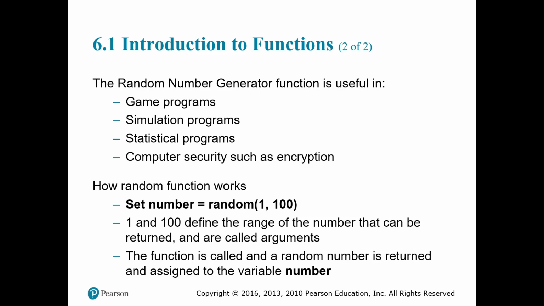And how it works is right here. You can see for yourself. Let me click my pen. We set some number to a random in a range from 1 to 100. So this function is going to take a random number from 1 to 100 and send it back, and it will assign it to this variable called number.